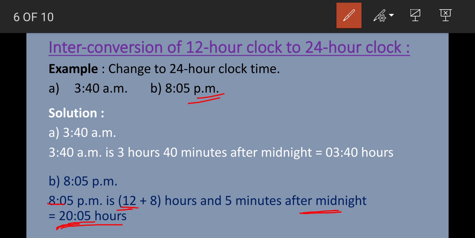As we have already discussed, whenever the hour or minute is a single digit, we put 0 before it, as we have to represent this in 2 digits and 2 digits. Clear all?